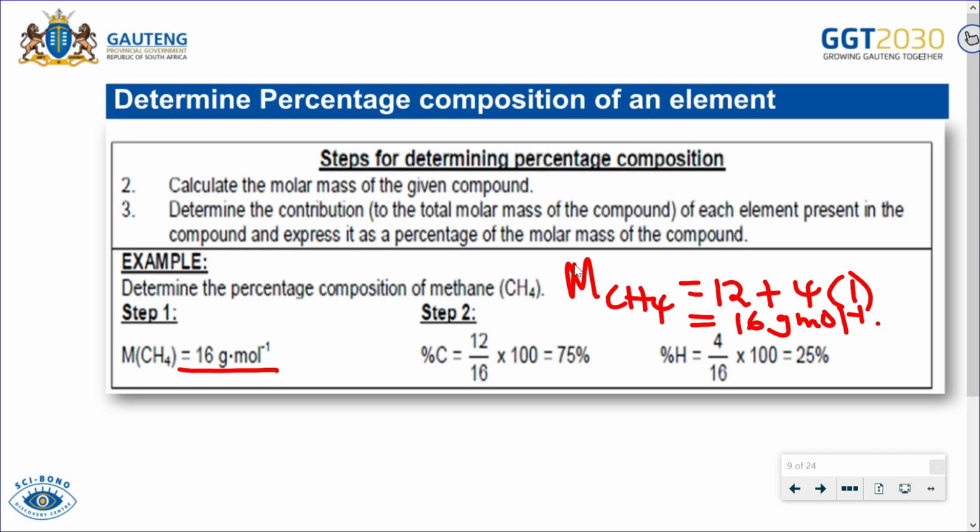So how do we calculate the percentage composition?